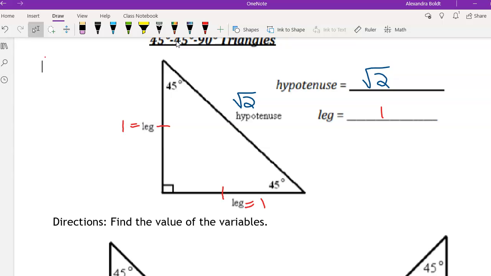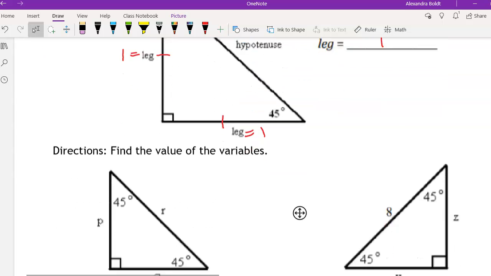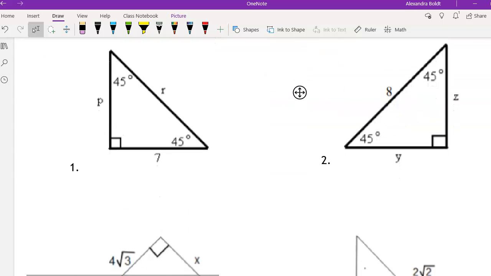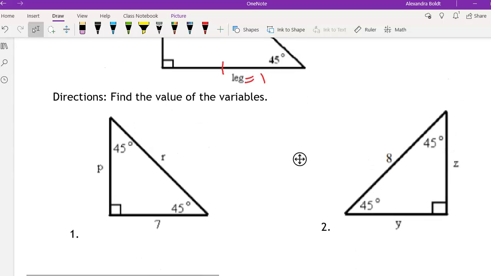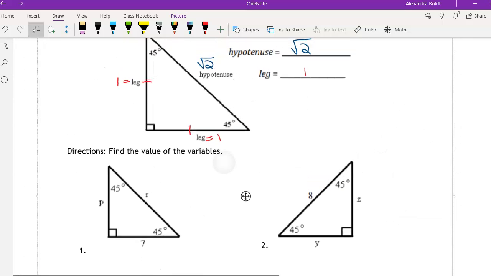You do not have to memorize this triangle. This triangle is given to you. It is also given to you on the SAT if you have problems similar to this on the SAT. Okay? But if we have a triangle where I only know one of my sides, and I'm going to make this a little smaller so I can see both of these.